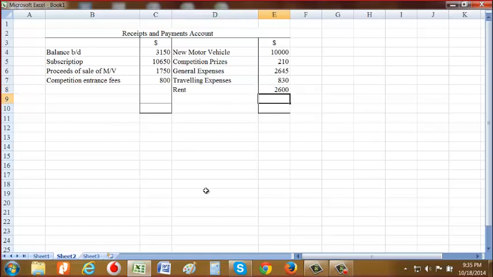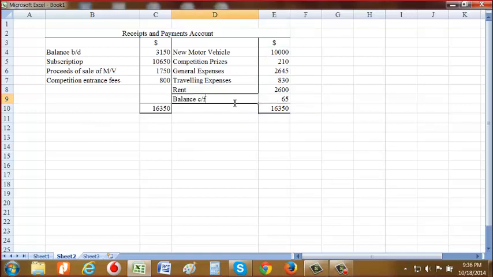$2600. Okay. So we started with the opening balance, then we recorded all the receipts, then we recorded all the payments. Now let's compute the balance. First I will make the total of the debit side, the same total I will write here, and from this I will subtract 10,000, 210, 2645, 830 and 2600. So this is the balance I got, 65.